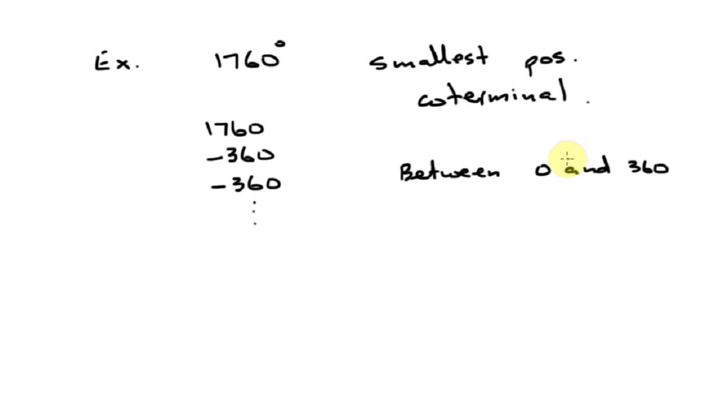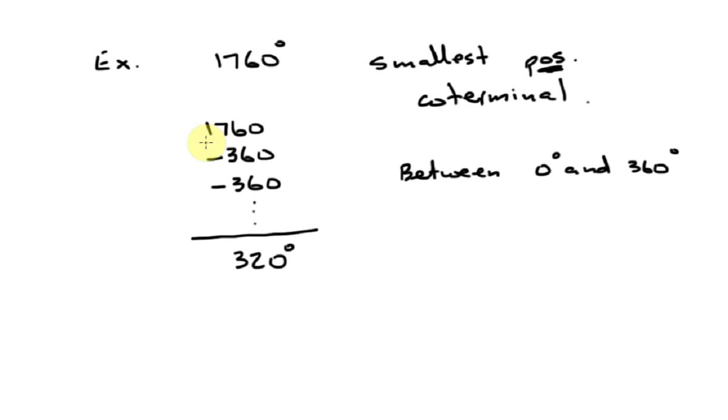That's where you would want to end, because if I do another subtraction of 360, then it's not going to be a positive coterminal angle. So the last positive one would be between 0 and 360. Now this method works, and if you keep going, I did this ahead of time, and I ended up with 320. And that is the answer. But this approach can be a little tedious.